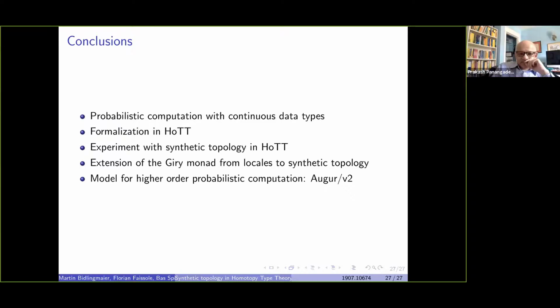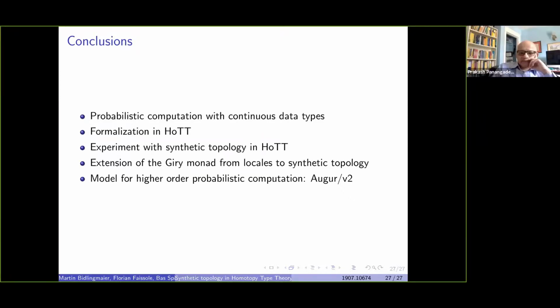So I believe that's right. The interesting thing is here, everything is done synthetically, so we can actually be fairly flexible. So we can be parametric in our Sierpinski space, so that the reasoning works for both.